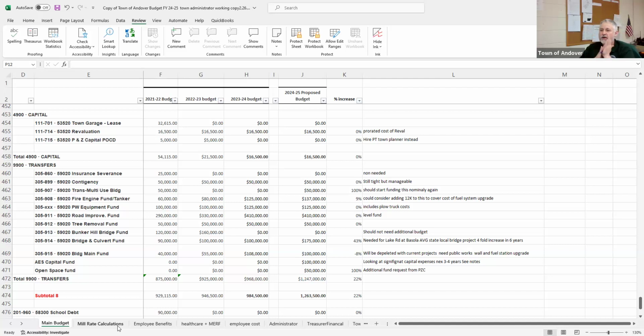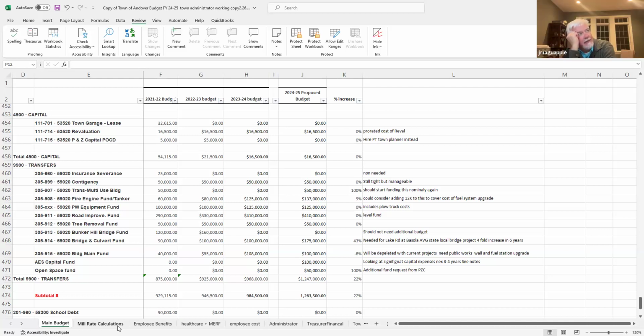But we need that funding as the swing because we're on the hook for the bills and we will get rebated the money for that bridge. So we have about $450,000 in cash in the Bunker Hill Bridge Fund, but we're going to have to outlay that and get reimbursed.